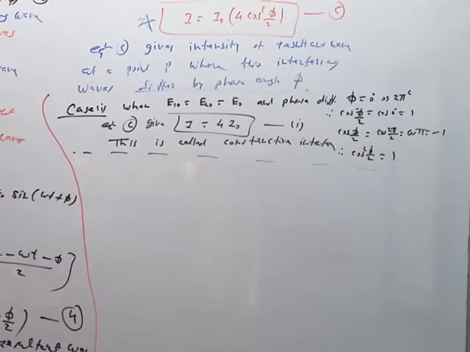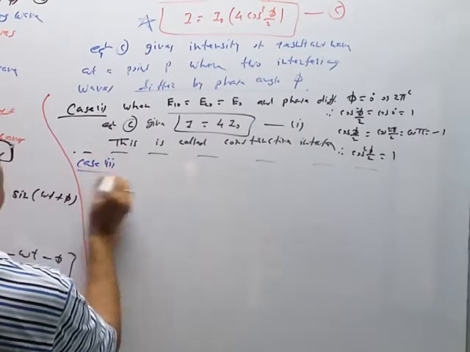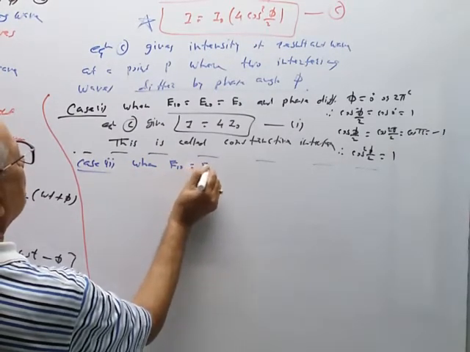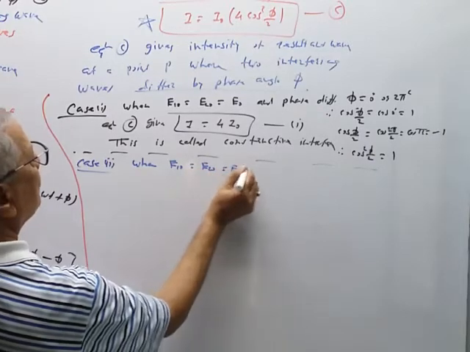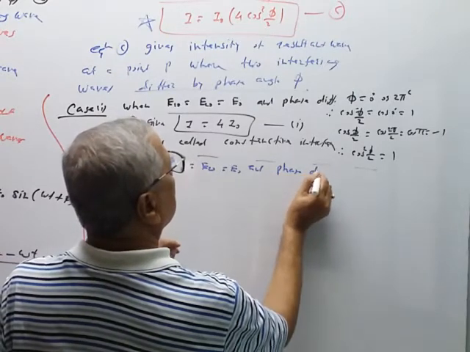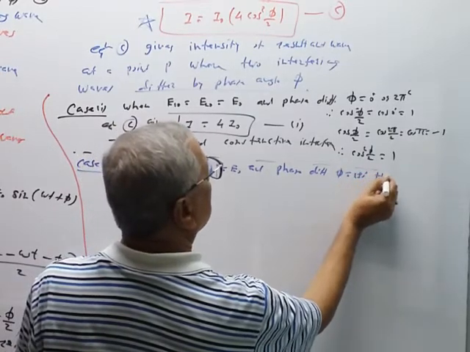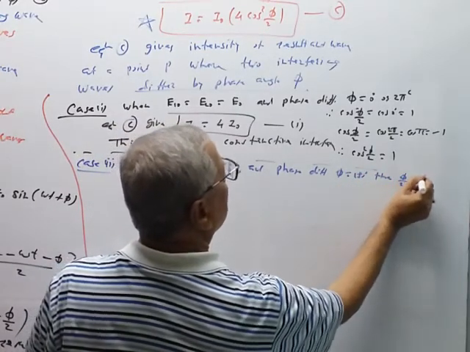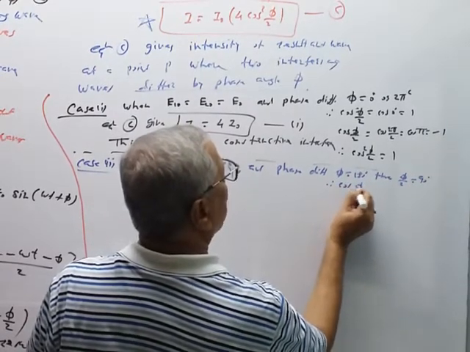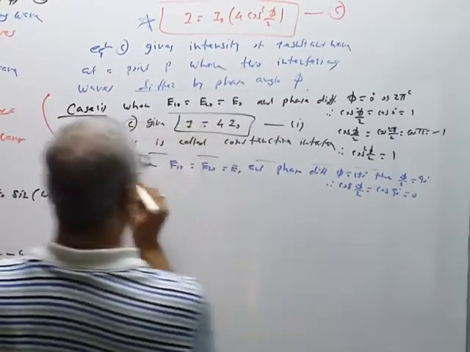Second case, when the amplitudes are equal, E10 is equal to E20 is equal to E0, and the phase difference phi is equal to 180 degree, then phi by 2 is equal to 90 degree, cos of phi by 2 is equal to cos of 90 degree, which is 0.